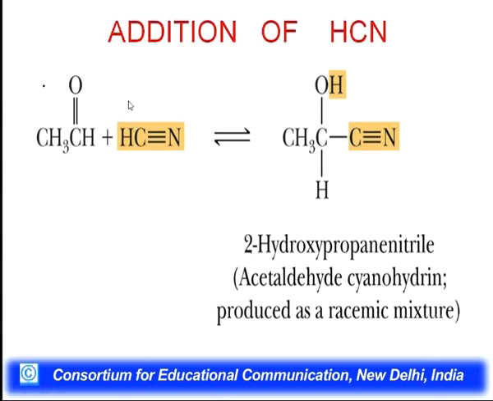If you look into this molecule, I would like you to observe one thing, that this reactant molecule is achiral. Whereas when we do the reaction with HCN, we get a product which is chiral. So I leave this for you to find out why this is happening, and we shall discuss it in the next lecture.